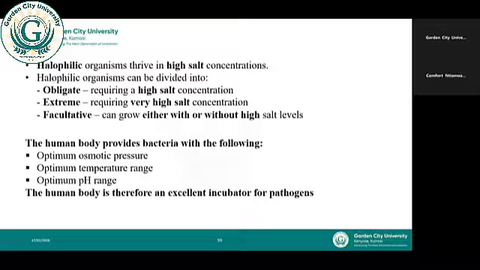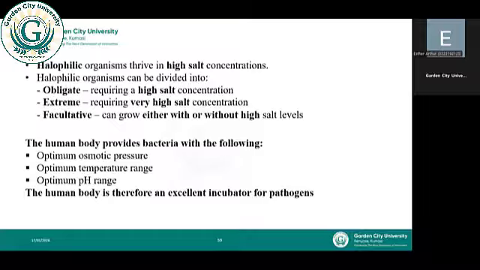Sir, please, can we say that the facultative can be very difficult to get rid of? Since they can survive with or without oxygen. Yes, so mostly those ones, they can switch to the aerobic and then anaerobic.